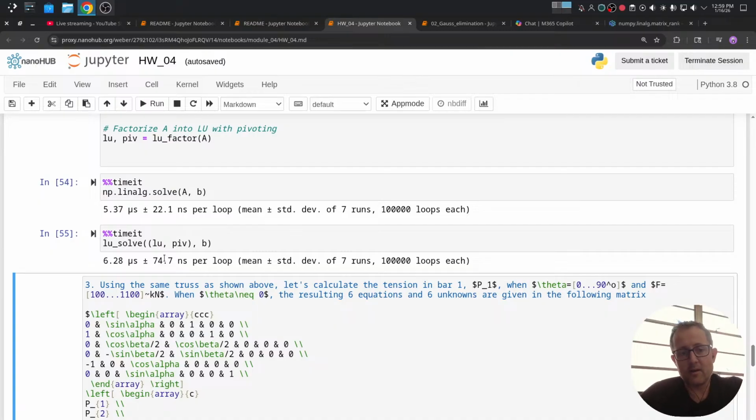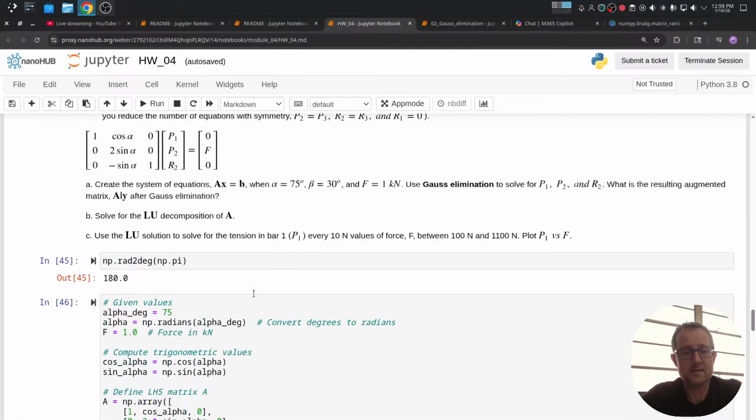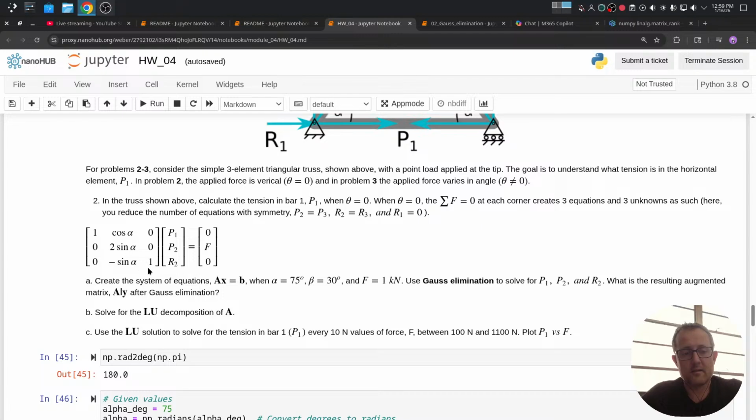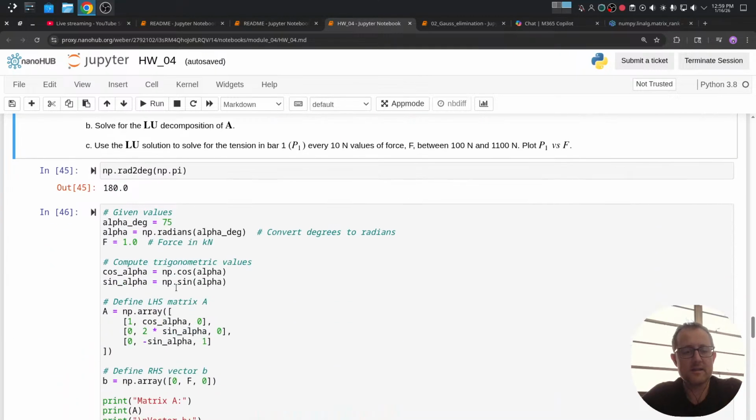So it was slightly longer to actually dump it into this LU solver. That's not always going to be the case. I think that's the case because this middle equation, we can solve for P2 without even considering P1 and P3, so it's already in a simplified form.